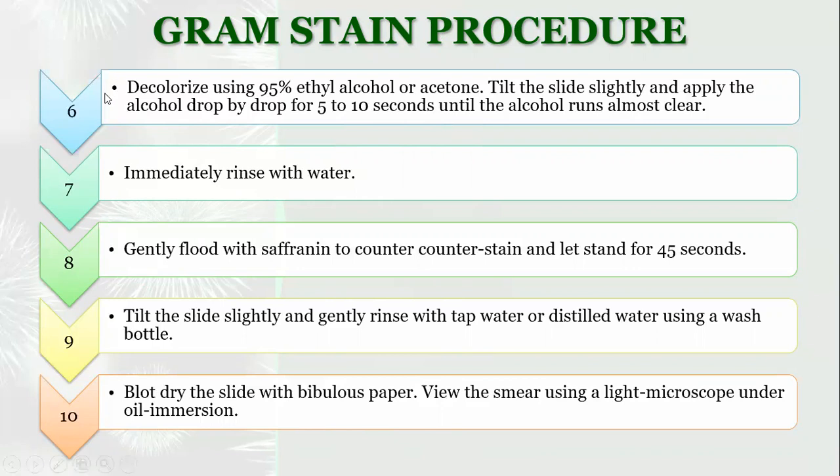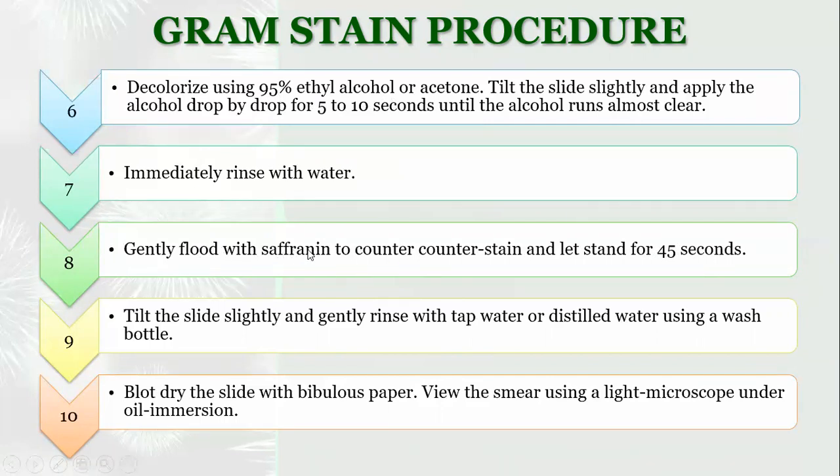After treating with ethanol or acetone, the gram-negative bacteria lose the primary stain, whereas gram-positive bacteria retain the primary stain. Then rinse with water and flood the smear with safranin and allow it to stay for 45 seconds.